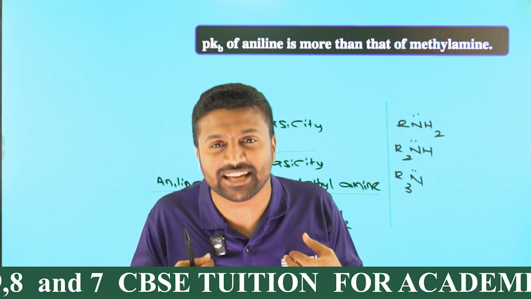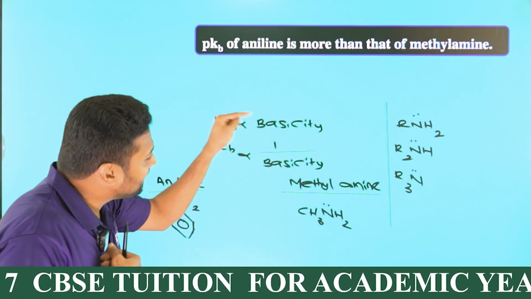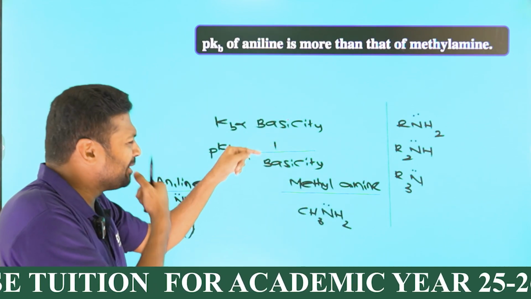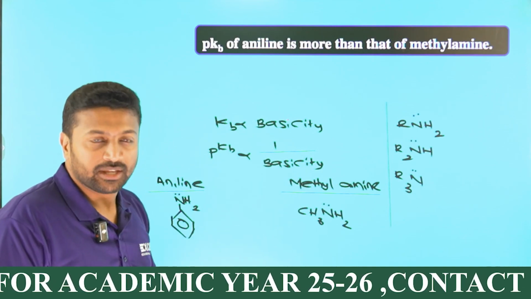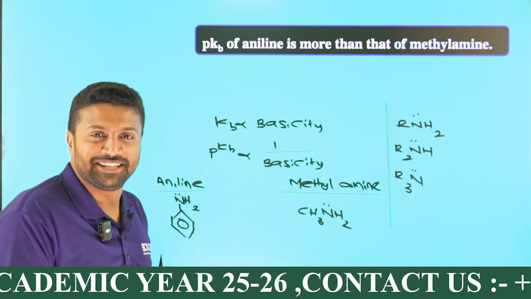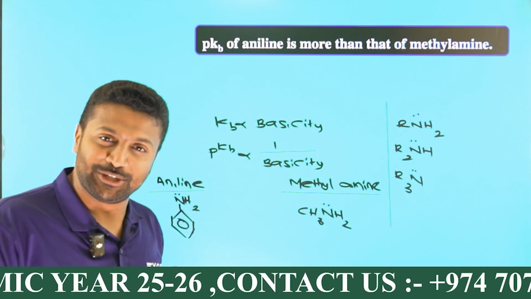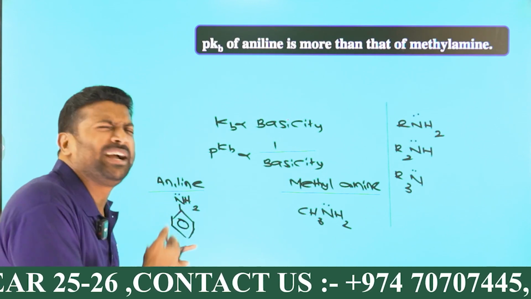Kb value is directly proportional to basicity, whereas pKb is inversely proportional to basicity. In this, aniline contains a benzene ring, an electron withdrawing group showing the minus I effect.